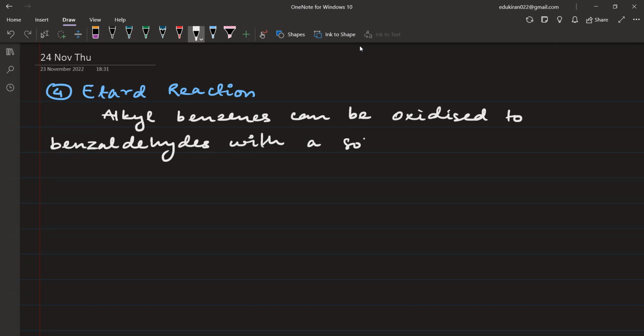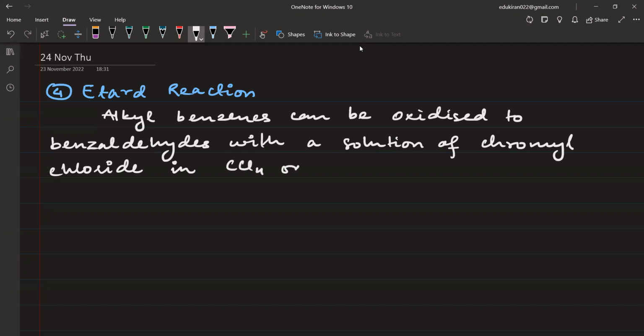With a solution of chromyl chloride in CCl4 or CS2. That means we need a non-polar solvent here.